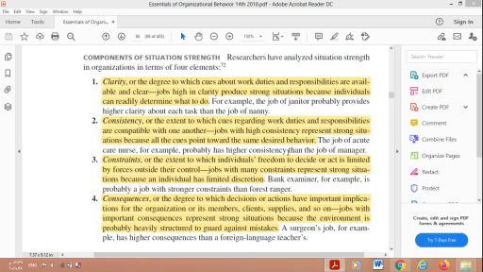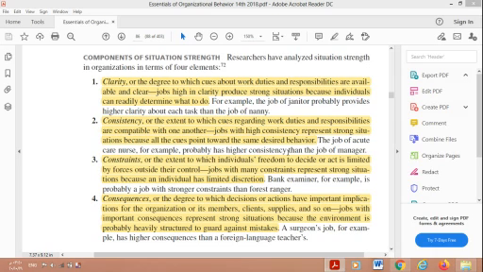If the job has clear duties and responsibilities, and the tasks are very obvious for everyone, this is a strong situation. Why? Because individuals already know what is to be done and how it can be done.